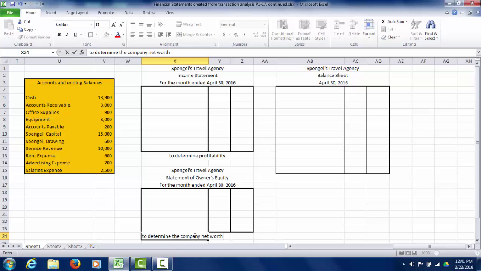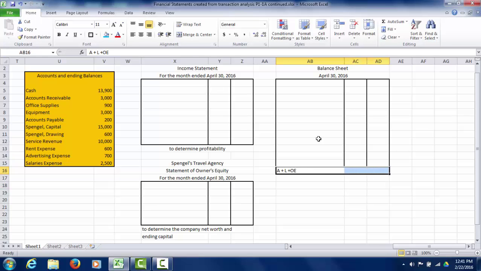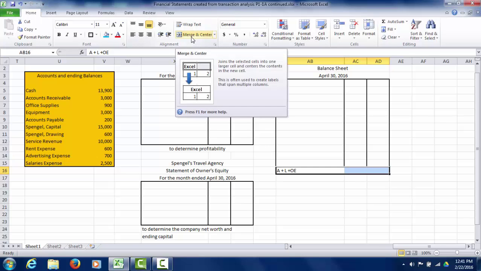And we can also put in here, and determine the company's ending capital. And then the balance sheet, its main job is really the accounting equation. So assets equals liabilities plus owner's equity, which was that first document that we worked on in the last broadcast.